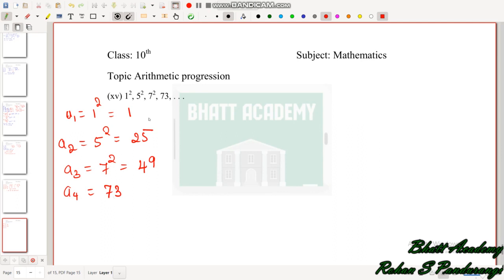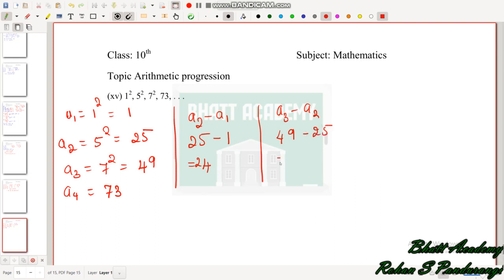Okay, so we'll check the conditions. We check a2 minus a1, that is 25 minus 1, which comes out to be 24. Okay, next condition a3 minus a2, that is 49 minus 25, which is again 24.